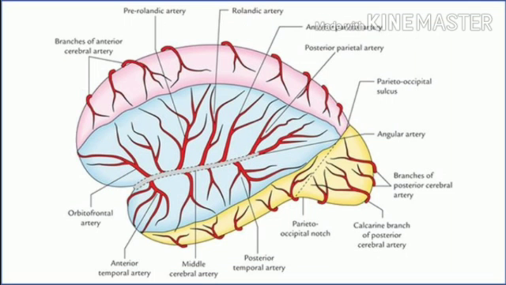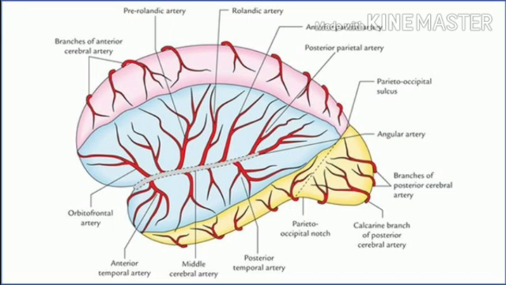This diagram is showing the superolateral surface of the cerebrum. The middle cerebral artery is the main artery supplying the superolateral surface. The anterior cerebral artery supplies a 1 to 2 centimeter strip of the superolateral surface adjacent to the superomedial border.